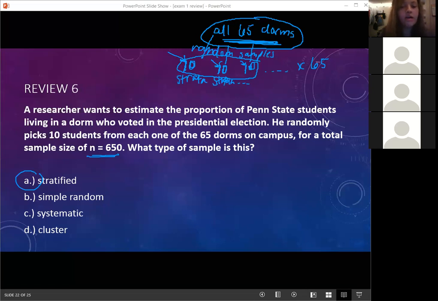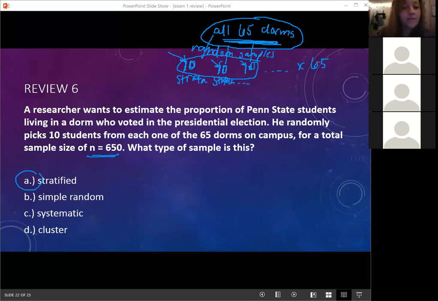Each different cluster is going to have everyone be different within it. In this case, all of the people in the sample were from one dorm. The 10 people that were sampled from each were from one dorm, so they're homogeneous because they're all from the same dorm.